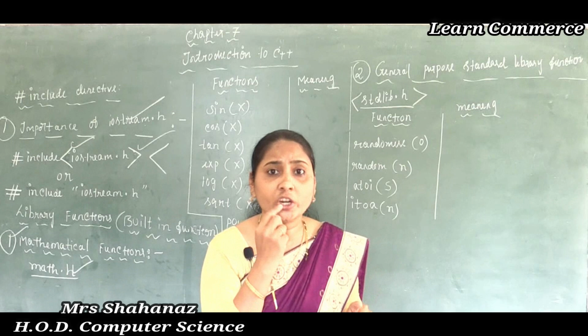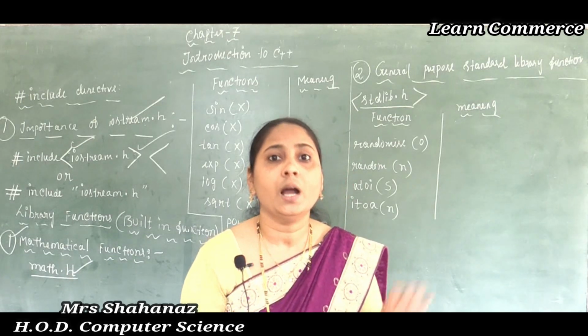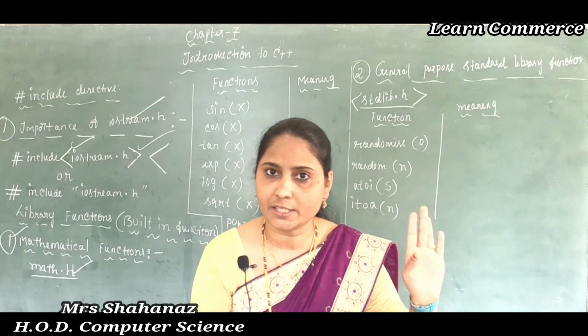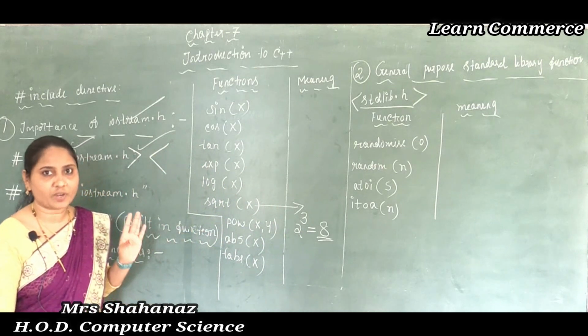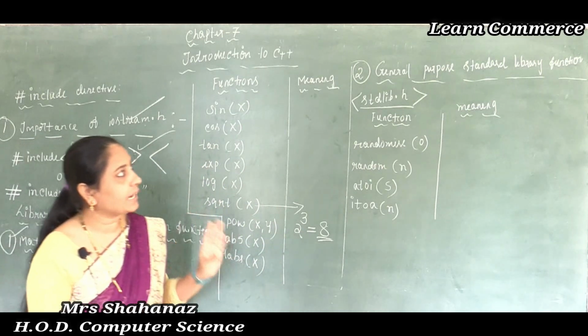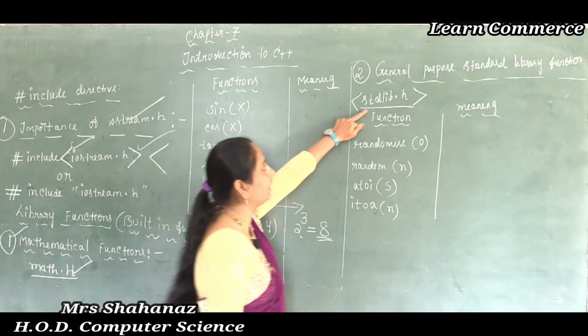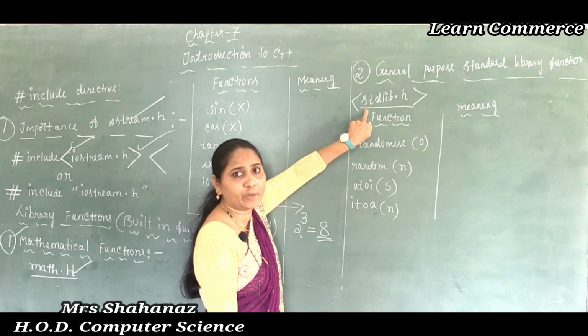Clear? It is not a lib. I am not telling the libs, okay? Lib in this case, the full form is called the standard library. So if you are using a general purpose standard library function, we need to use the header file stdlib, full form standard library.